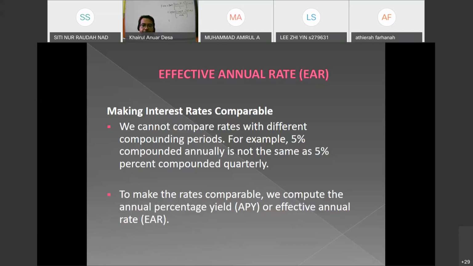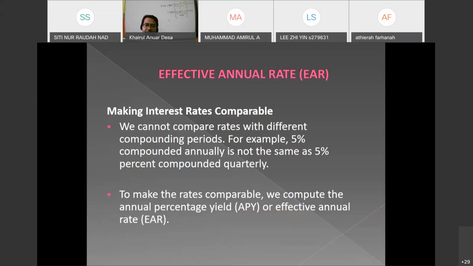So we cannot compare the rate with different compounding period. For example, 5% compounded annually adalah tidak sama dengan 5% compounded quarterly. Normally when the compounding frequency is higher, let's say from yearly only once in a year, semi-annual happen twice a year, quarterly happen 4 times in a year, monthly happen 12 times in a year.